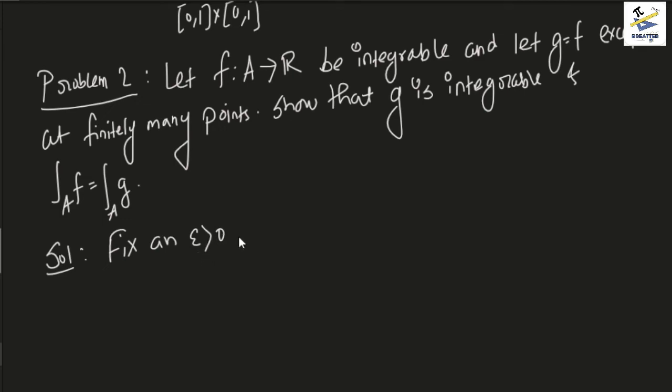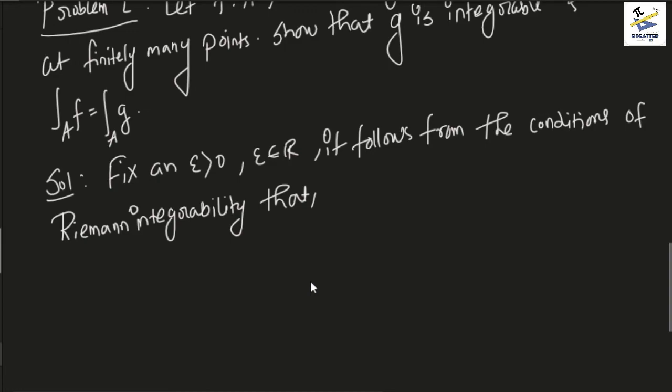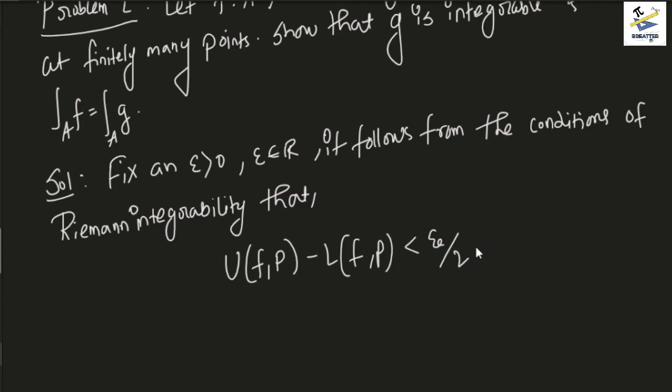So first we are fixing an epsilon greater than 0, because this epsilon should be a real number.